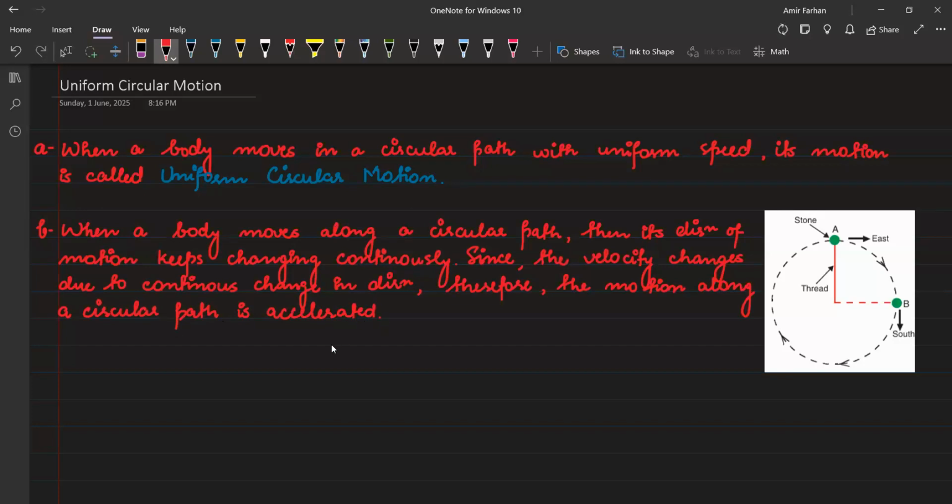Is this clear, all of you? That's the reason it is said to be accelerated motion. Okay.